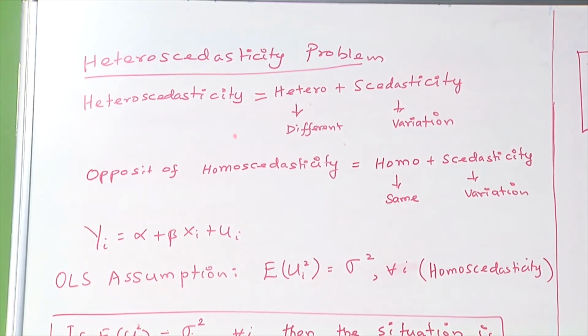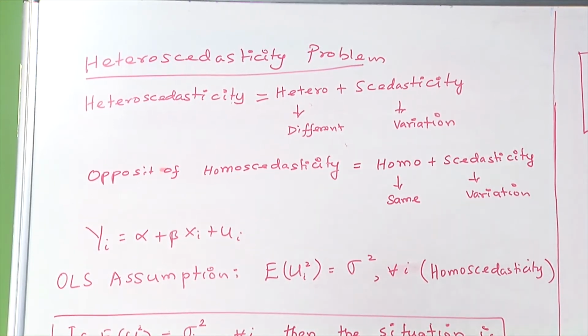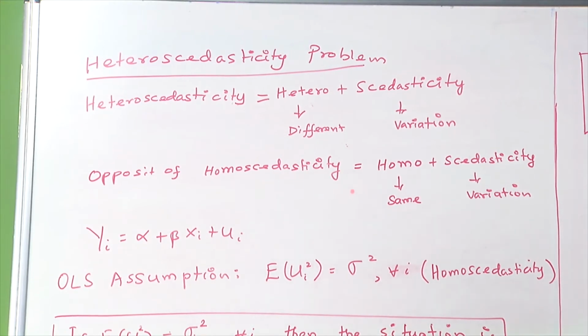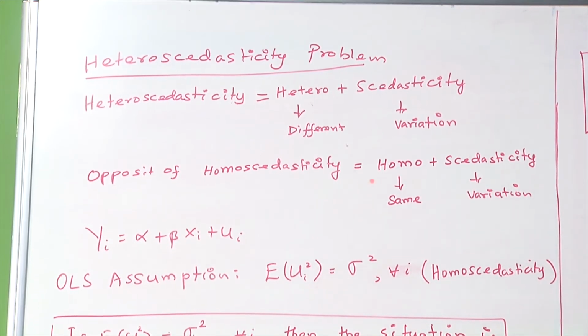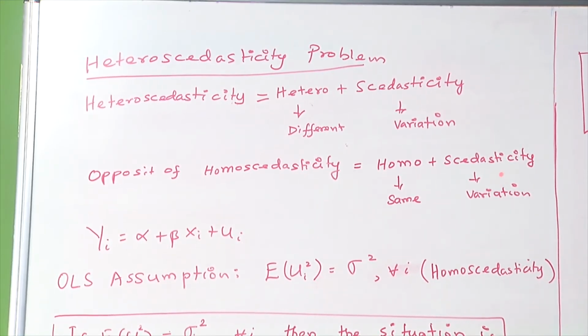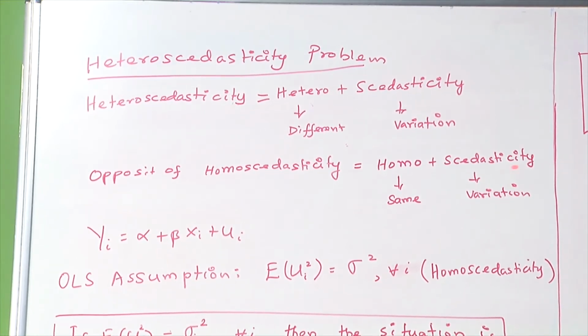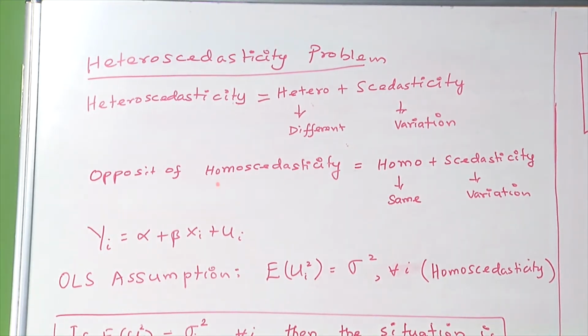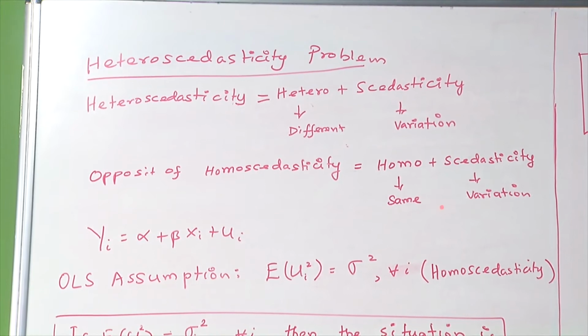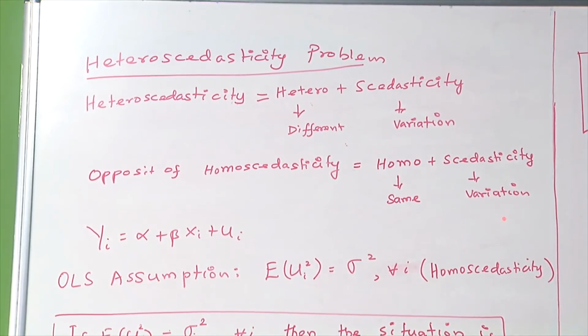The opposite of heteroscedasticity is homoscedasticity. This is also a composite word consisting of two words, homo and scedasticity. Homo means same, scedasticity means variation, that means same variation or constant variation. So, homoscedasticity means same or constant variation.